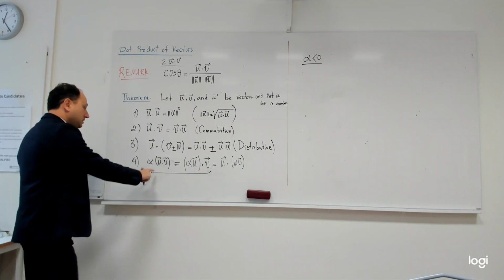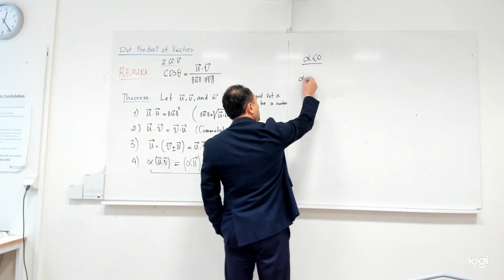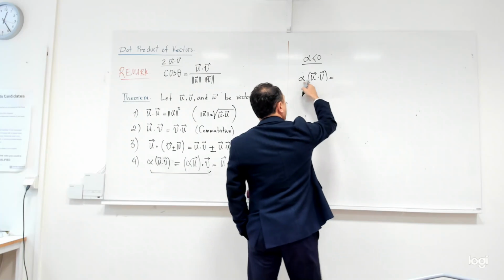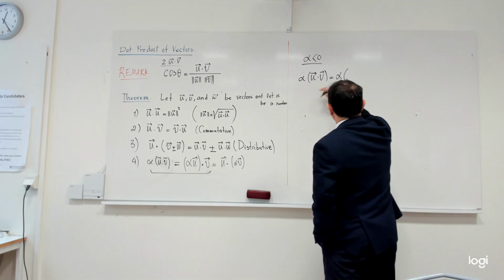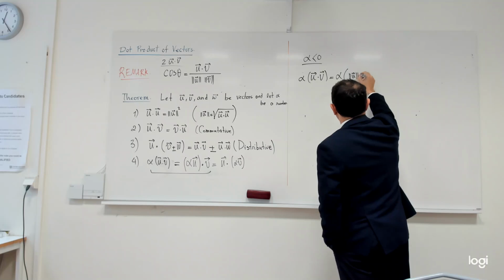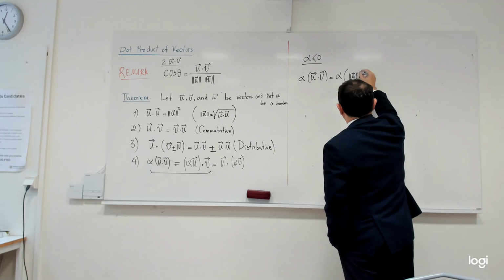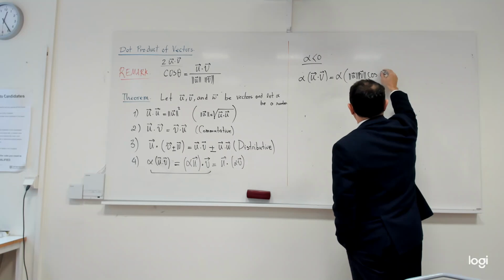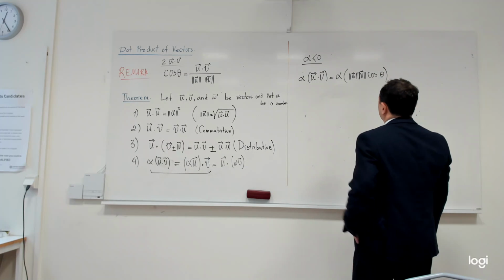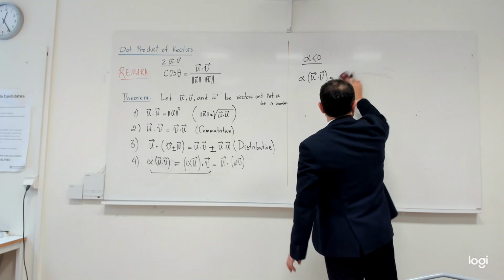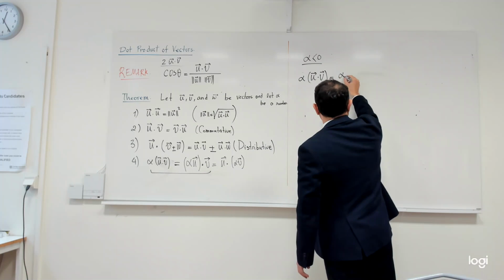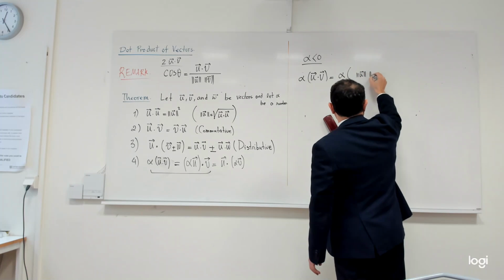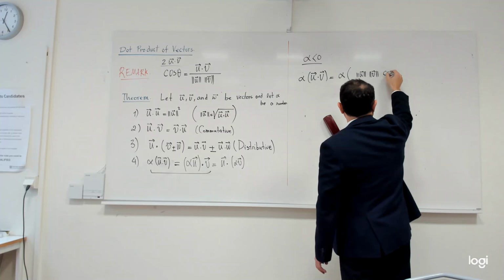So if I ask you what this one is, alpha u dot v is equal to, instead of alpha u dot v I use the definition. I would write alpha, and instead of the dot product, I put norm of u, norm of v, cosine of the angle.